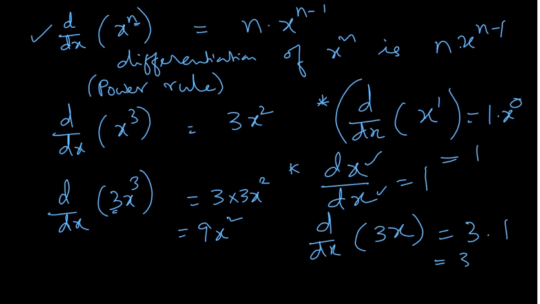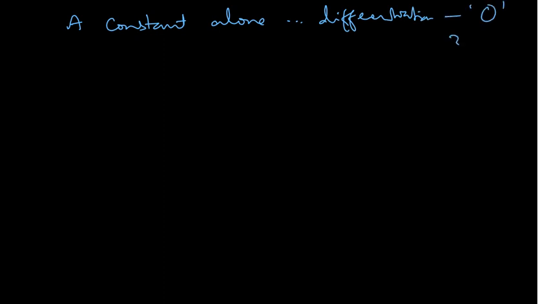No questions. Okay, good. Now a constant alone, its differentiation is 0. Alone means, for example, differentiation of 3 is 0.